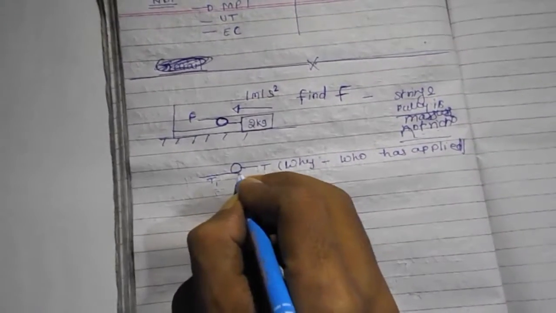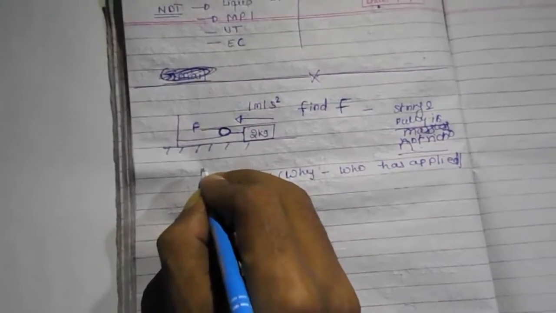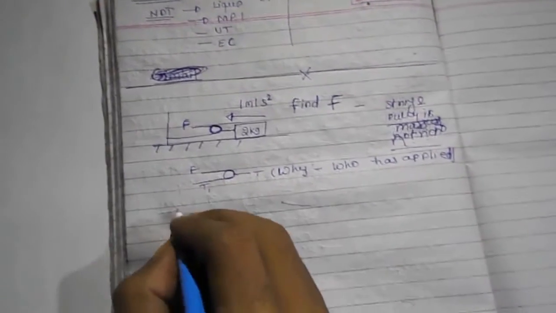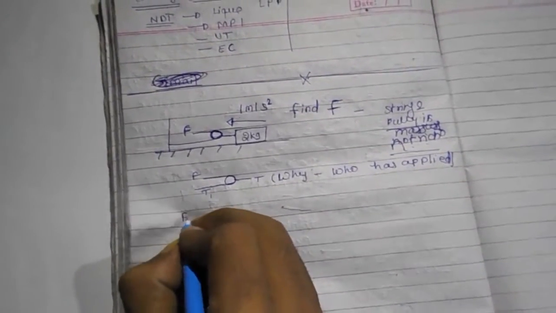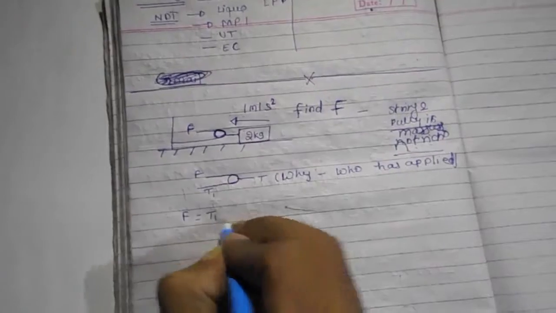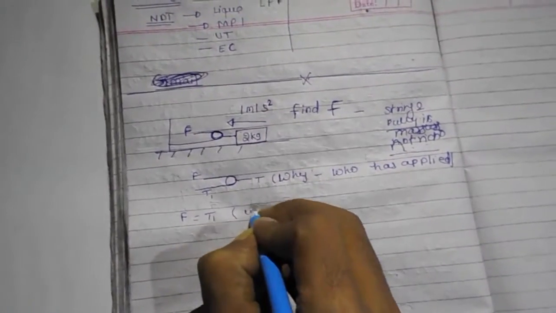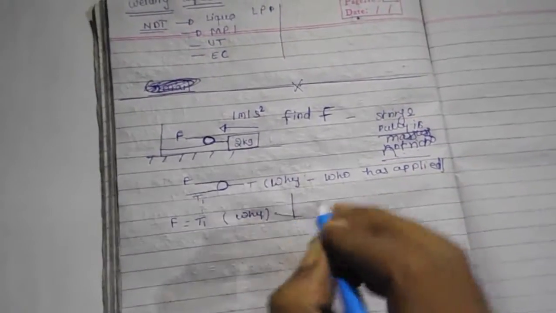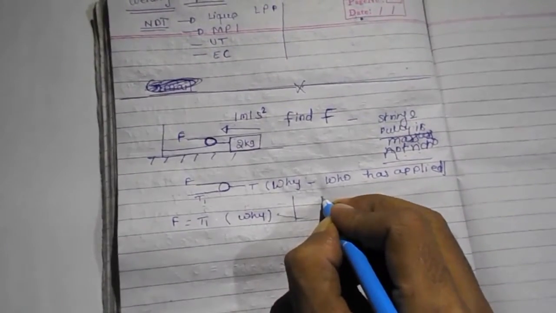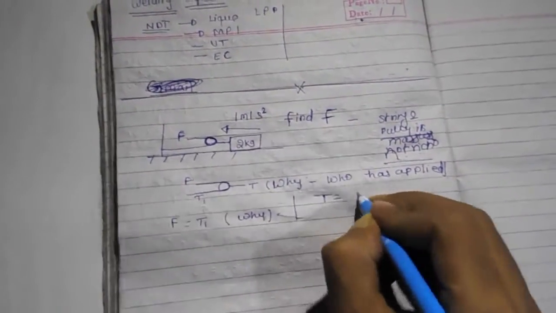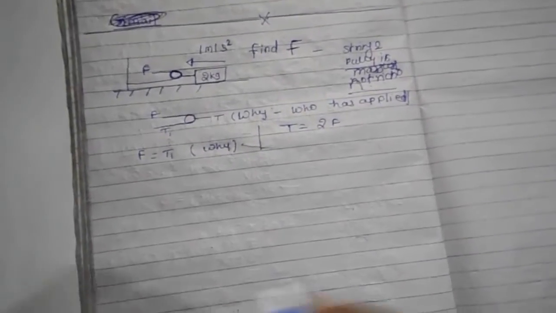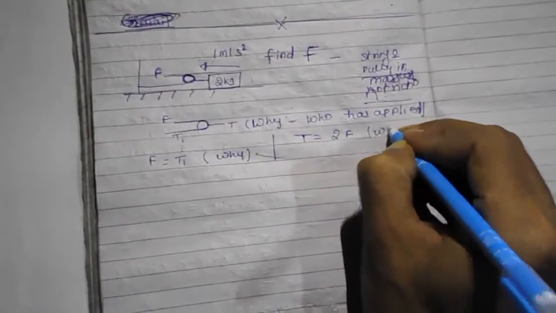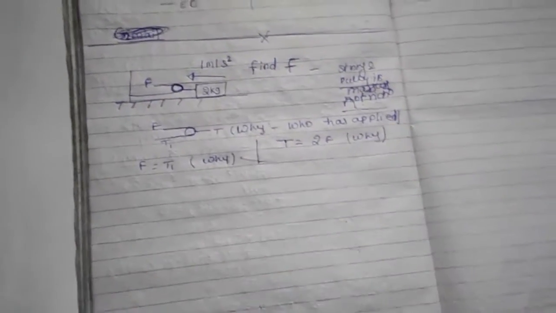This is T1 and this is F. From here I get F is equal to T1. Why? You should know it. And T is equal to 2F. Why? You should know it.